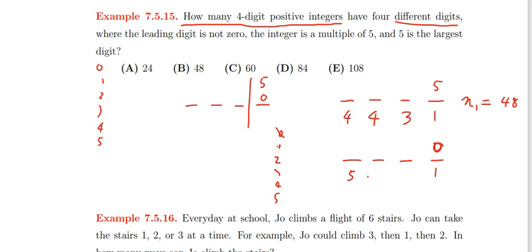If the first one is 1, the second one cannot be 1. If the first one is 5, the second one cannot be 5. So there are 4. Same story here, 3. So this equals 60.